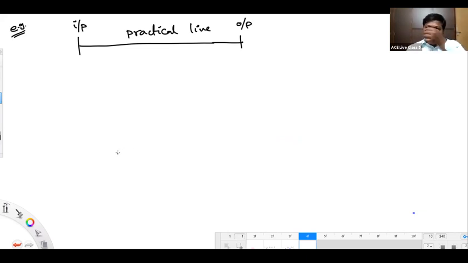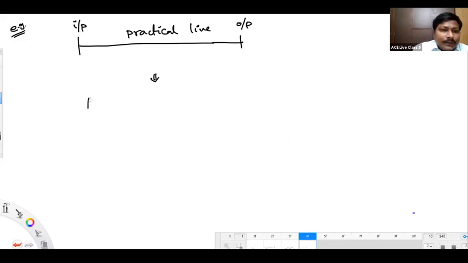In this line, we are going to keep some series elements as well as some shunt elements, as we have seen in the previous chapters. Series elements are R and L, and shunt elements will be C and G, according to the properties of the line.